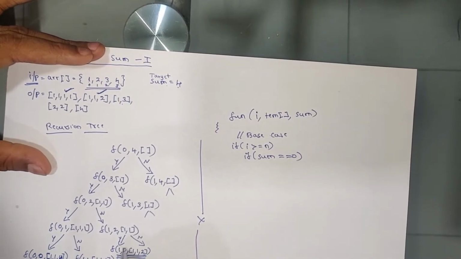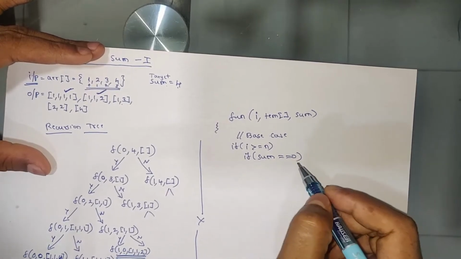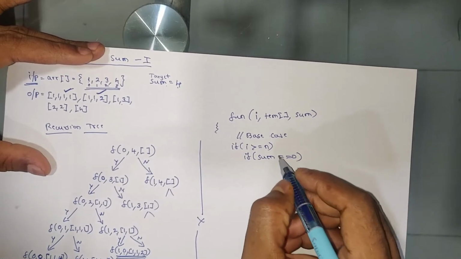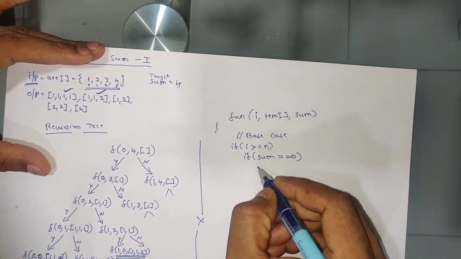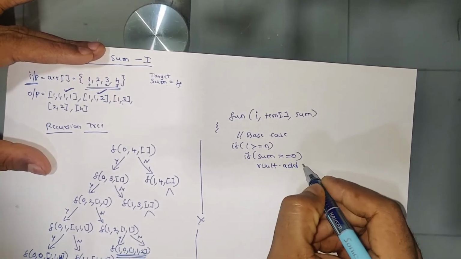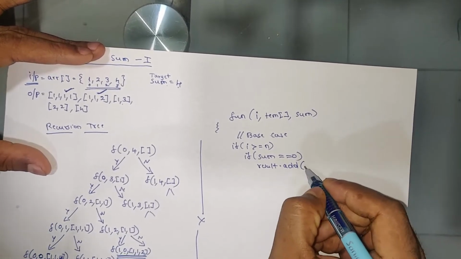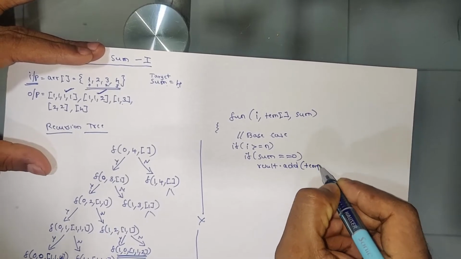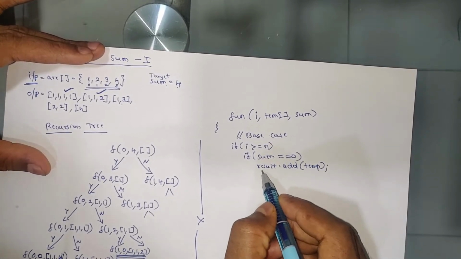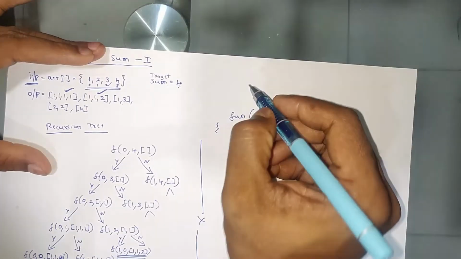If my sum, this one, right, the target we are talking about, is equal to 0, what I will do is in my result dot add temp, whatever data structure is there, I will add to my result data structure.